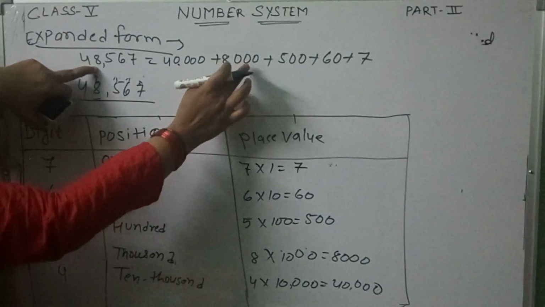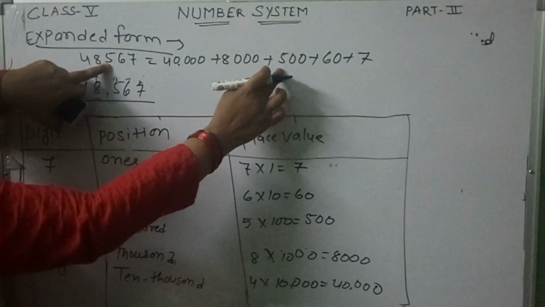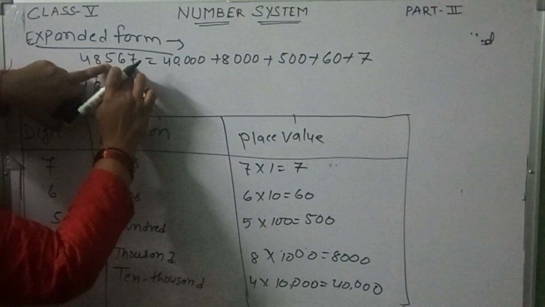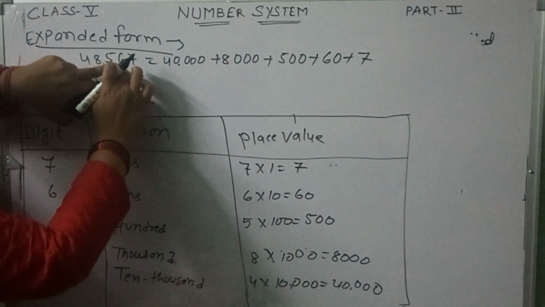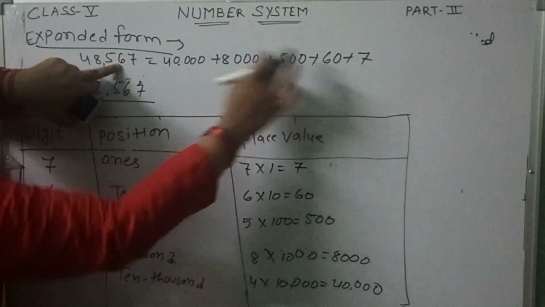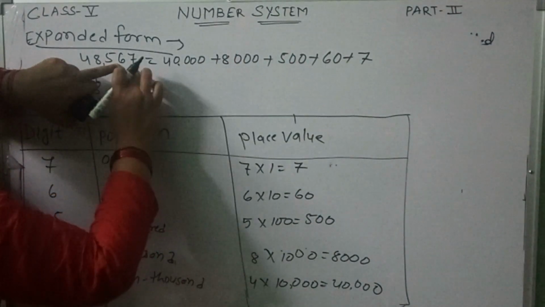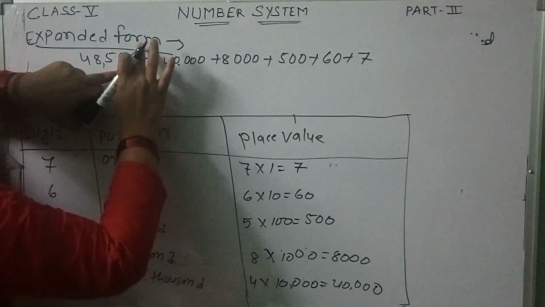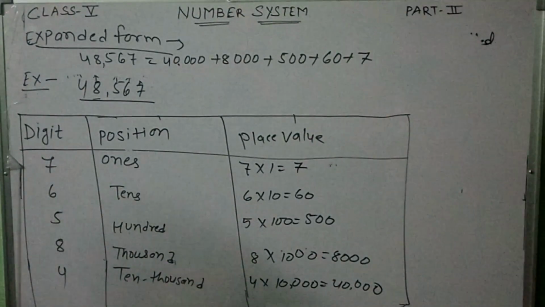Then write 3 zeros. Next number is 5. We write the 5, and after 5 how many digits are there? 2 digits. So we will put 2 zeros. Next is 6. After 6 how many digits are there? 1 digit. So we will put 1 zero. Then next one is 7, and after 7 no digit is there, so simply 7 we will write. That is also expanded form.